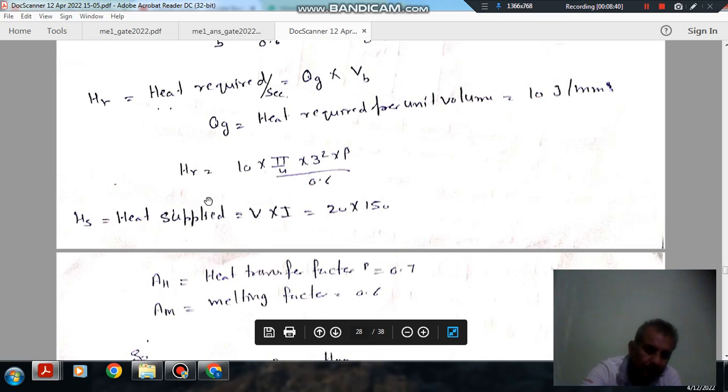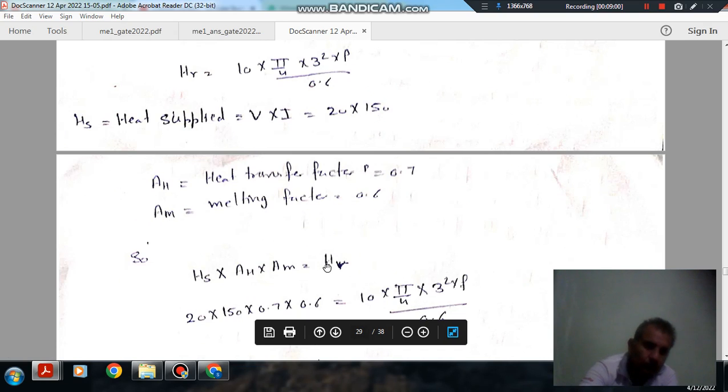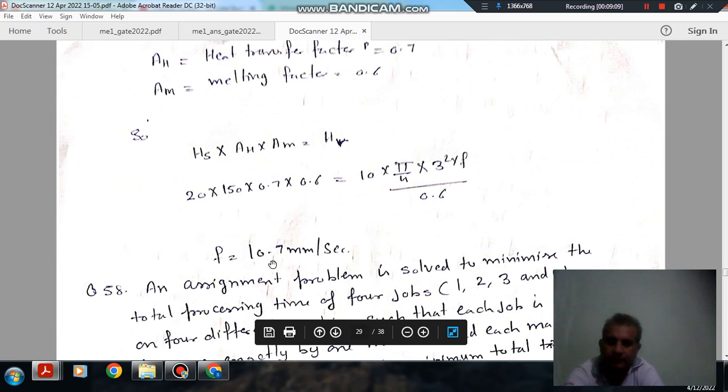So the heat that reaches the weld bead is HS into 0.7 into 0.6, and that is equal to HR. Now equating these two, we can find out F is 10.7 mm per second.